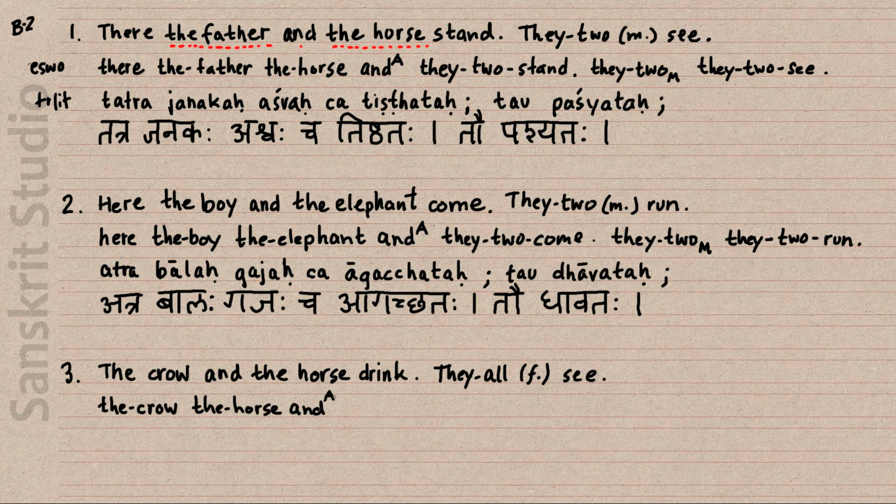We are once more connecting the two nouns there, or the two noun substantives. The crow, the horse, and they too drink. They too drink, and they all see.